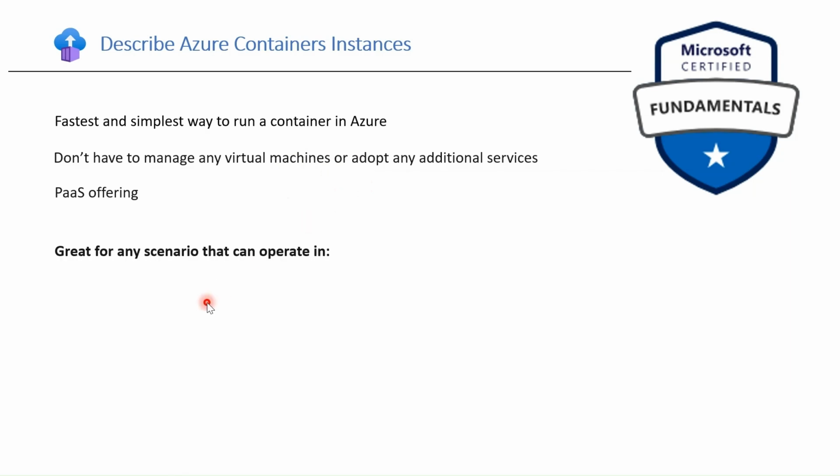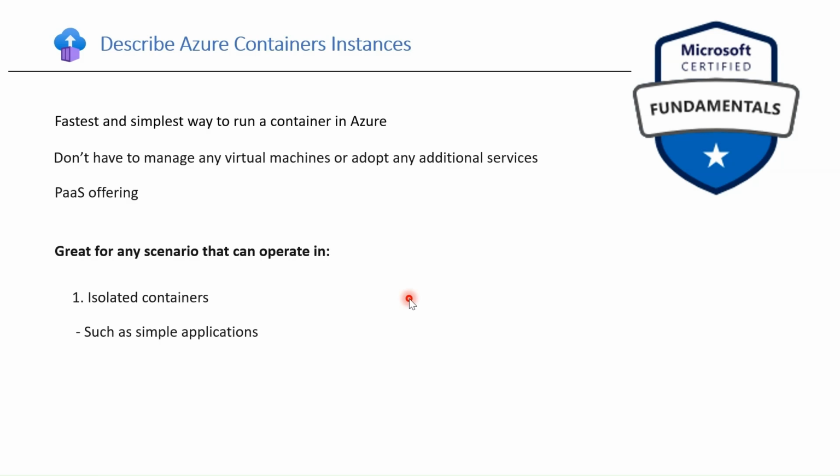So when do you need to use this? This is great for any scenarios that can operate in isolated containers. So you need a container specifically in isolation. That's when Container Instance is useful. Such as a simple application, a very basic application that I just want to run.